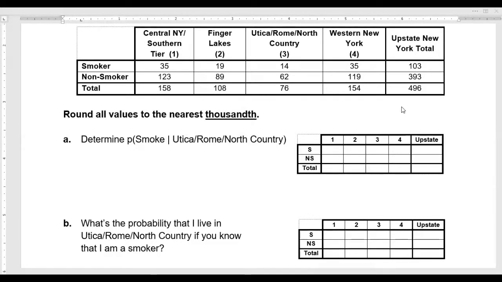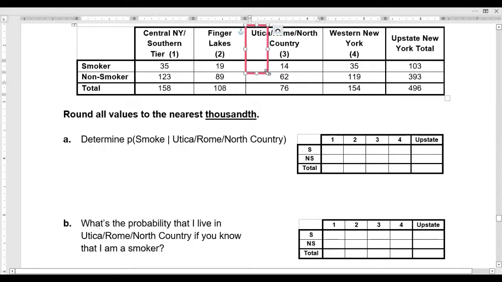So when I go to find a conditional probability, I'm going to take this given condition, the one on the right here, and that's the only part of the table that I should be looking at because I know that that thing has already happened. So I am only going to look out of the Utica, Rome, and North Country column, and I ignore everything else.